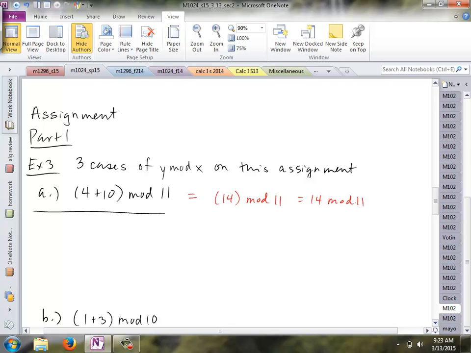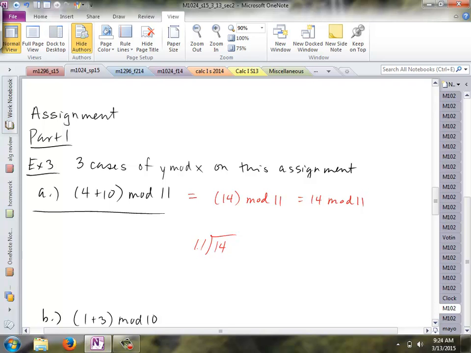Think about this as, where are you in a cycle of 11 when you're at 14? You can just think of this all the time as what that mod 11 means. Where are you in the cycle of 11 for the number that comes first, 14? You could probably do this in your head, or do long division, and that'll be the result with the remainder.